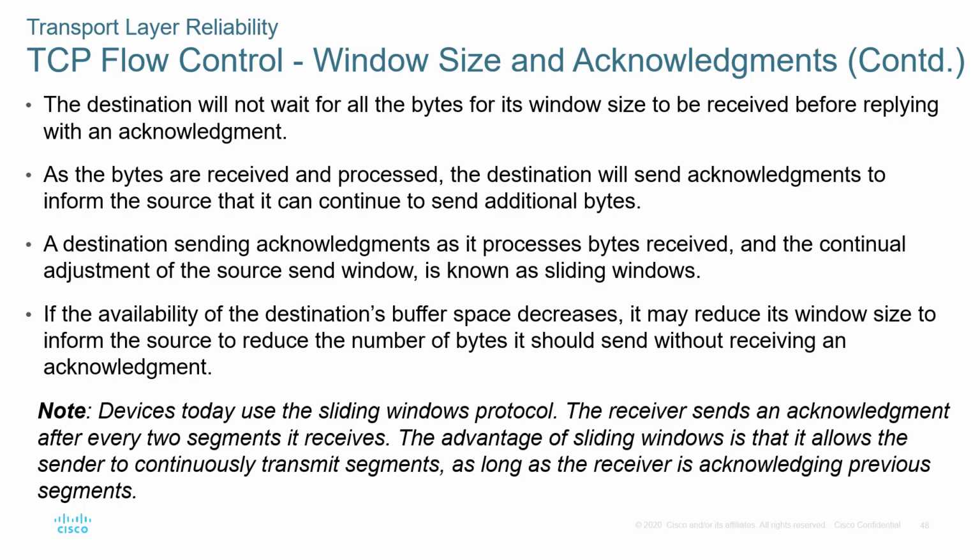The advantage of a sliding window is that it allows the sender to continuously transmit segments as long as the receiver is acknowledging the previous segments. Essentially, the goal here is to think that we're not going to be stopping sending data and waiting.